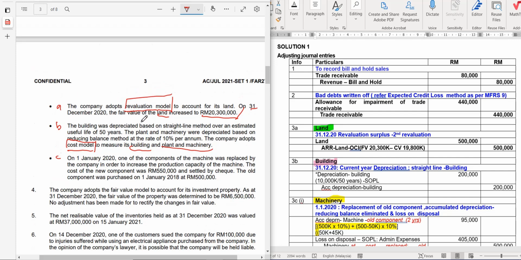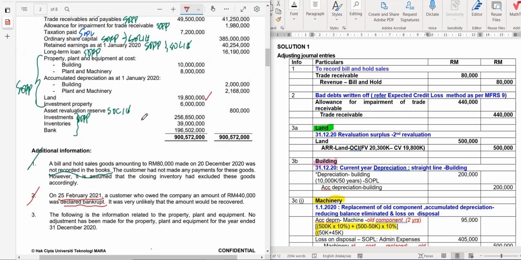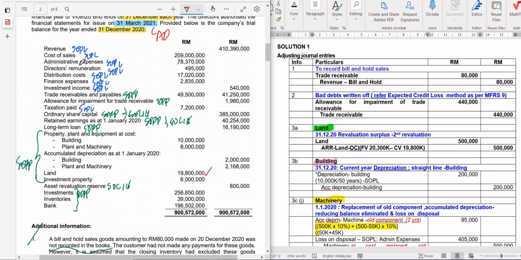So therefore, if you can see here in your trial balance, you can see that there was a balance here, 800,000. That revaluation reserve balance here relates to land, meaning that this is land revaluation reserve.